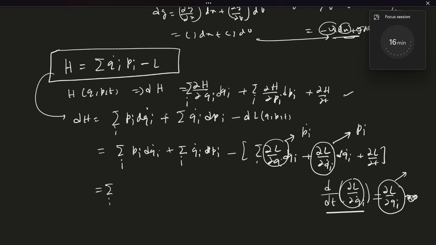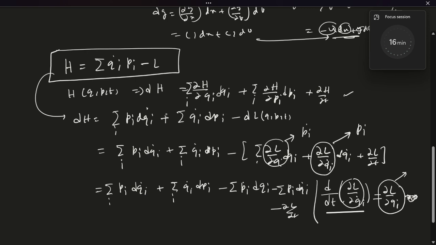So summation over i of p_i dq_i dot plus summation over i of q_i dot dp_i minus p_i dot dq_i minus p_i dq_i dot minus del L by del t dt, right?